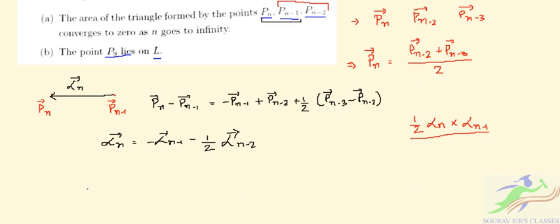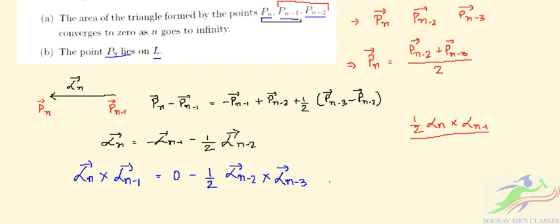now we have ln cross ln minus 1 is equal to minus Pn minus 1 plus Pn minus 2, so it will be 0 minus half of ln minus 2 cross ln minus 3.